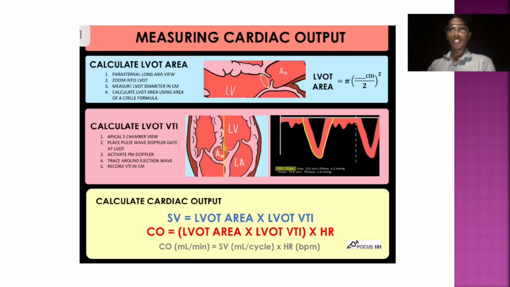So we calculate the LVOT area and also the LVOT VTI, and we can apply both to cardiac output. So cardiac output is equal to LVOT area times LVOT VTI times heart rate.